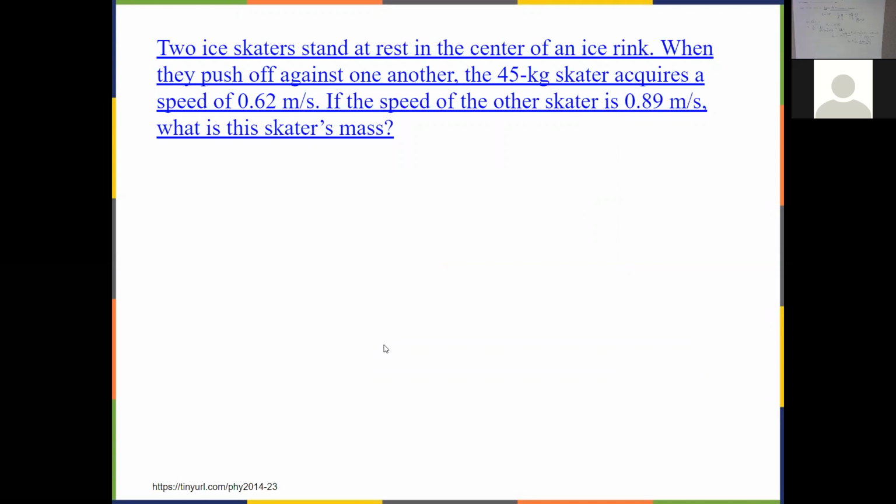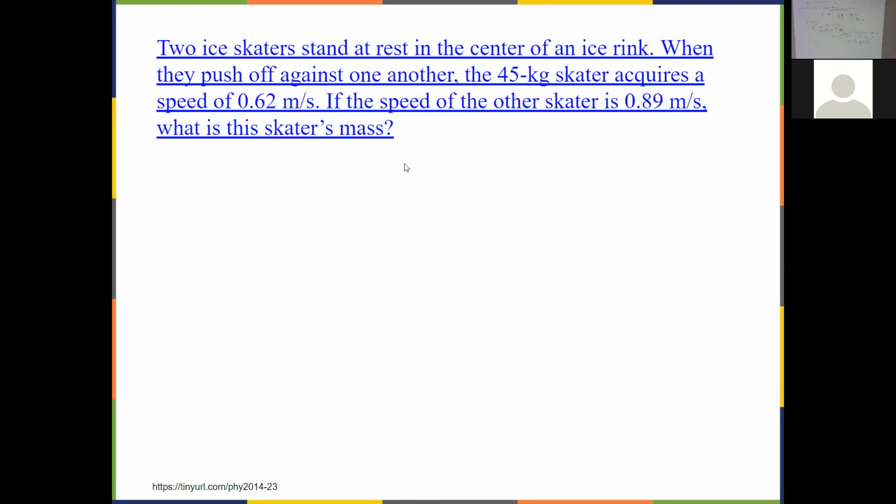Let's take a look at this example here. It says two ice skaters stand at rest in the center of an ice rink. When they push off against one another, the 45-kilogram skater acquires a speed of 0.62 meters per second. If the speed of the other skater is 0.89 meters per second, what's this skater's mass?